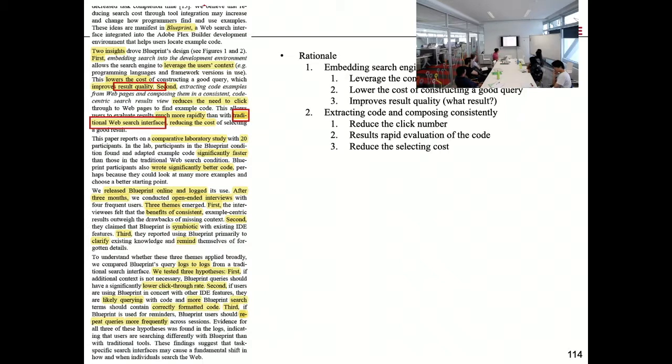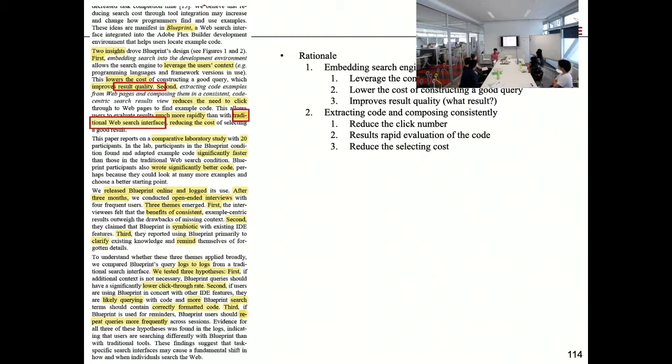Then if he made it compatible, he can reduce the number of clicks, and because he reduced the number of clicks, the result will be rapid evaluation, which means the programmer can rapidly evaluate the code.